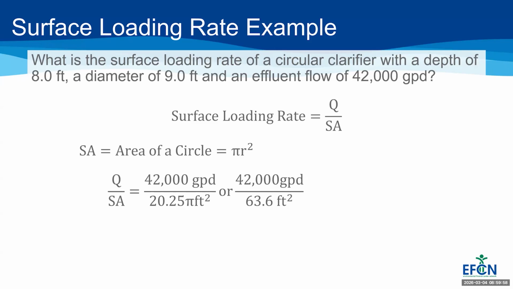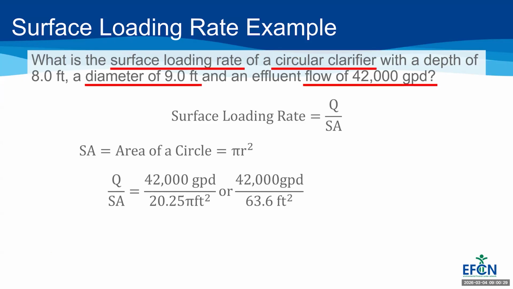So now we've got Q, 42,000 gallons per day, which they give us, divided by the surface area, which is pi times r squared. The diameter is 9, so we know the radius is 4.5. 4.5 times 4.5 gives us our equation at the bottom.